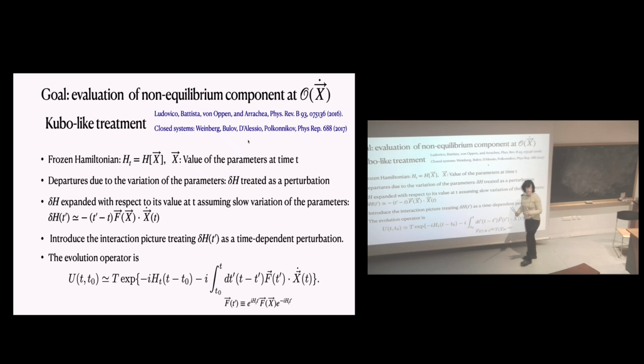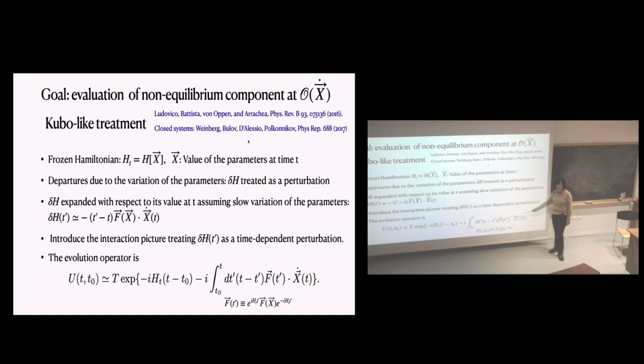So now this is my perturbation in the Kubo formalism. And afterwards, I proceed as in Kubo. I start from the evolution operator, the full evolution operator. Now these forces are expressed in the Heisenberg representation, so this is important.